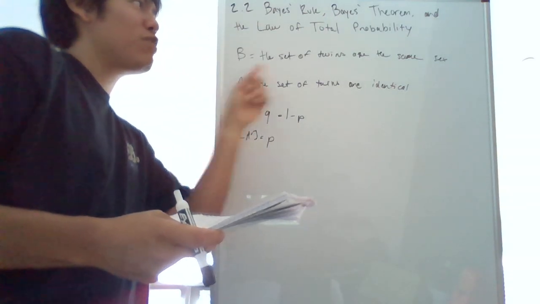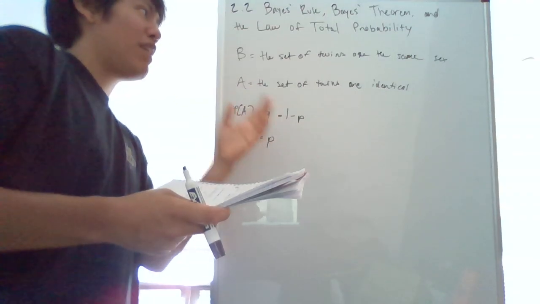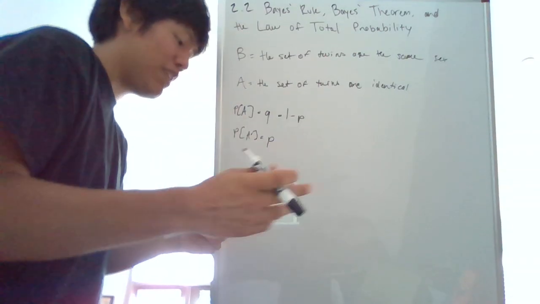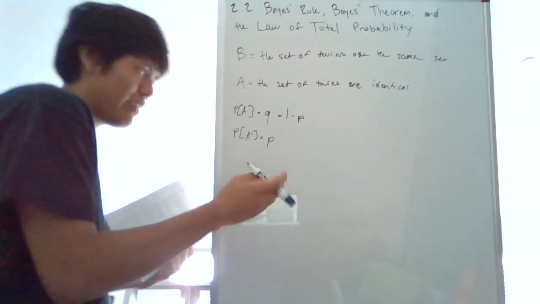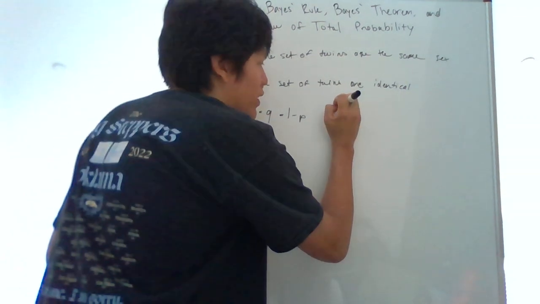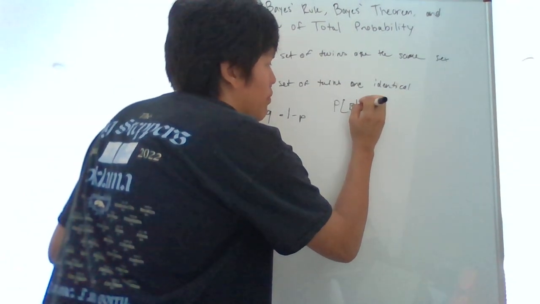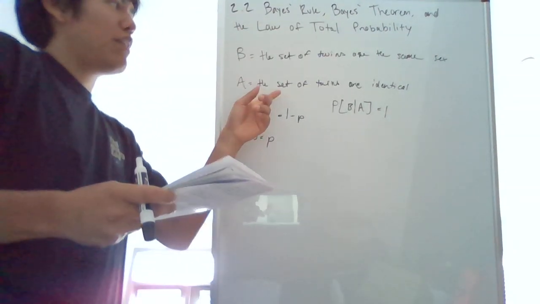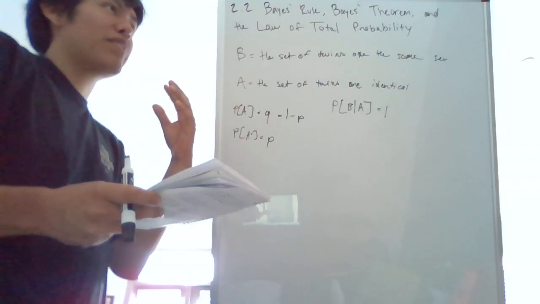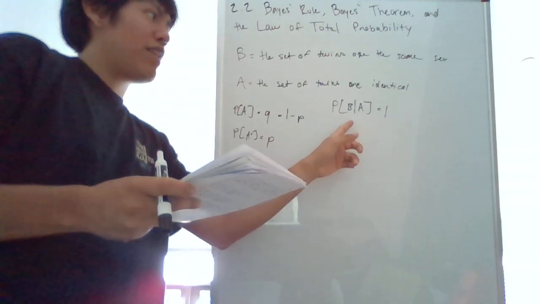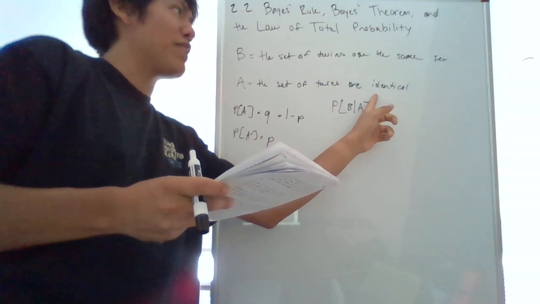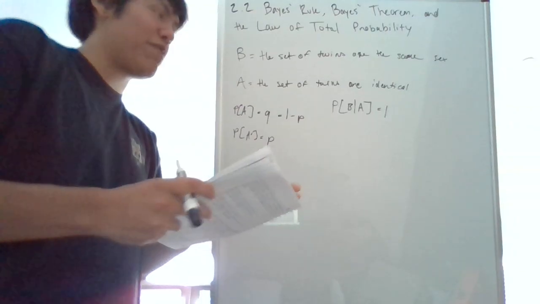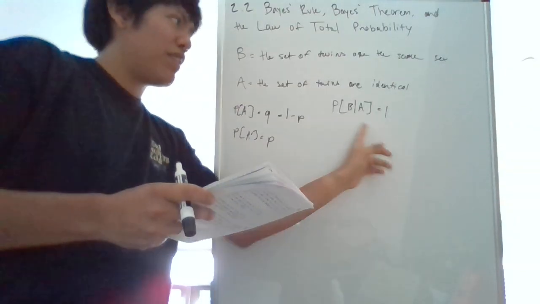So the probability of B given A is 1. I'll write that over here. Given the set of twins are identical, they have to be the same sex. Again, that's from the question. So that would be 1.